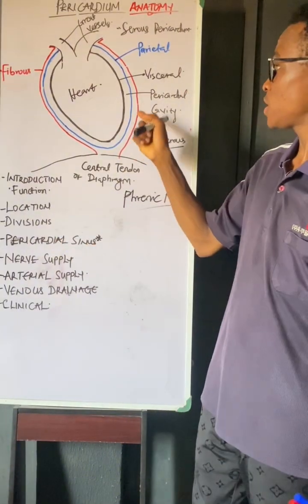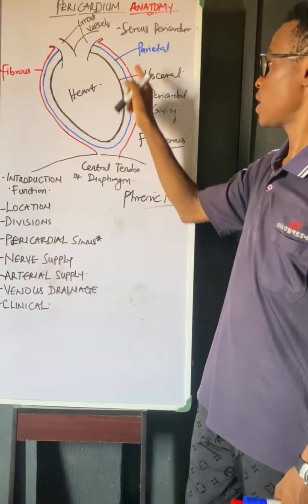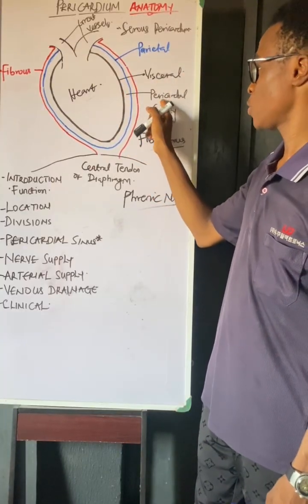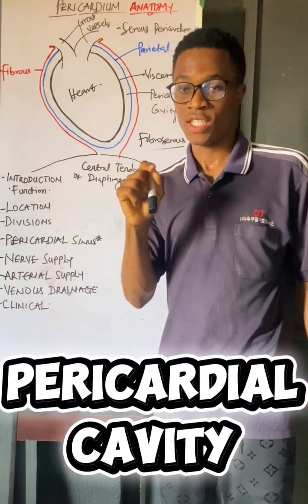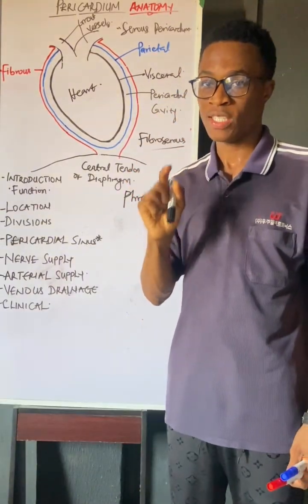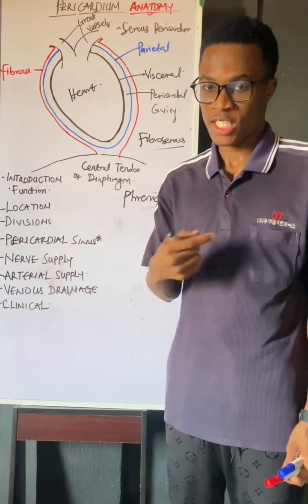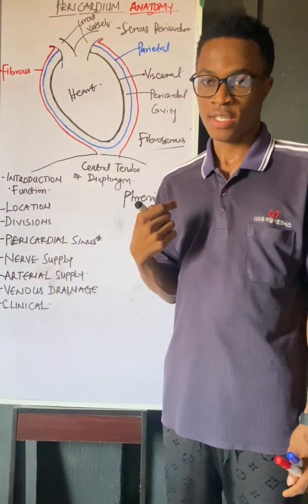Then remember we said that there is a potential space within the visceral and the parietal pericardium, serous pericardium. Potential space is referred to as pericardial cavity, which contains what is referred to as the pericardial fluid, a tissue fluid that helps lubricate the heart.